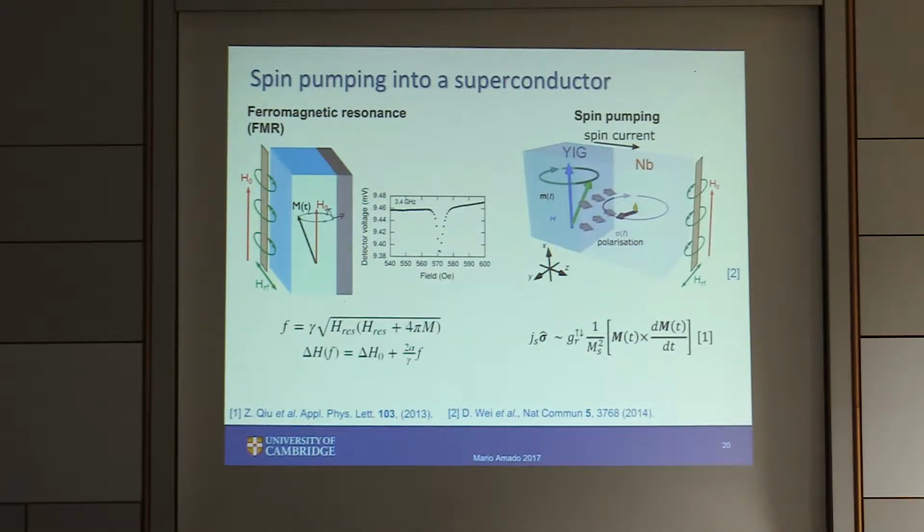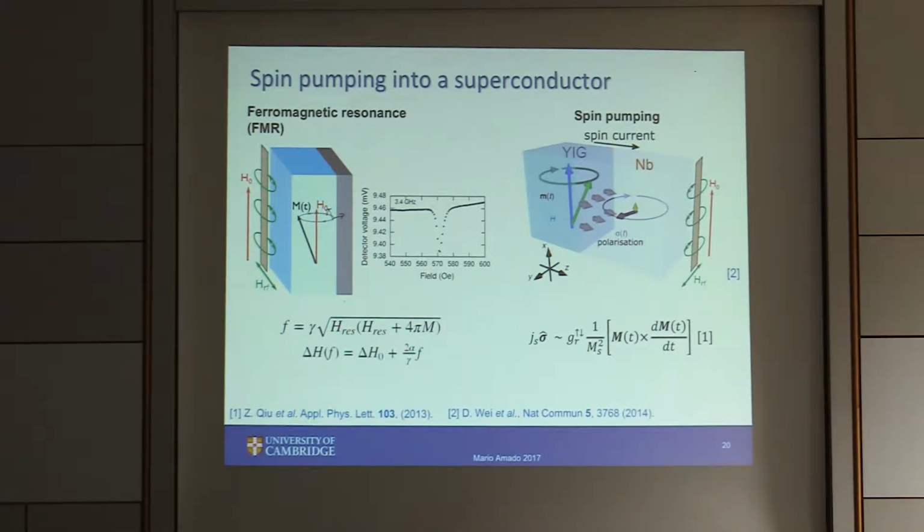We have studied the ferromagnetic resonance both in cavity and strip lines. You probably know much better than I do that in ferromagnetic resonance you have an in-plane magnetic field.